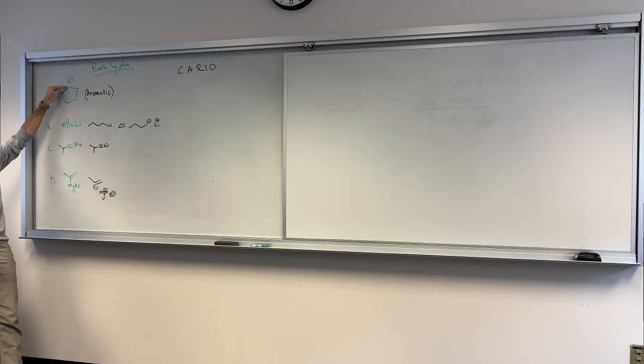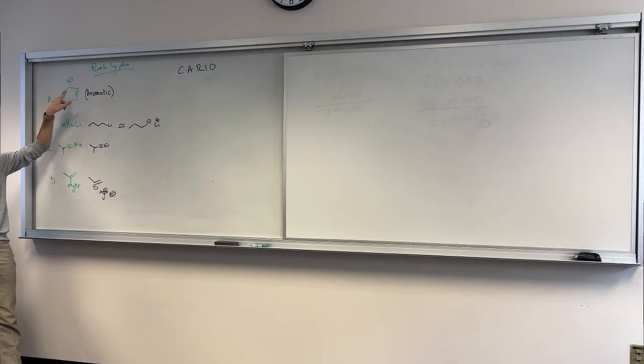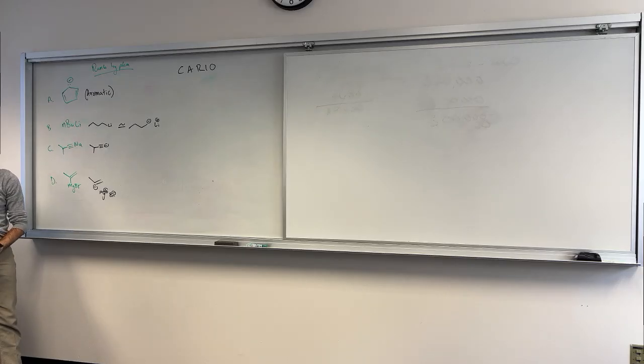Because that lone pair is in what type of orbital? It has to be in a p orbital if it's fully conjugated. If it's a delocalized lone pair, it's in a p orbital. And how does S character change acidity? More S character, more acidic. More S character, a weaker base.